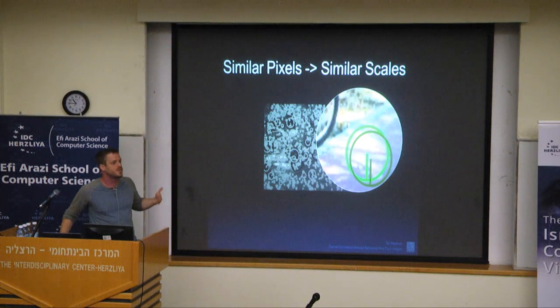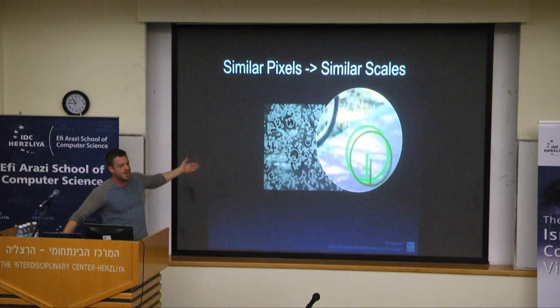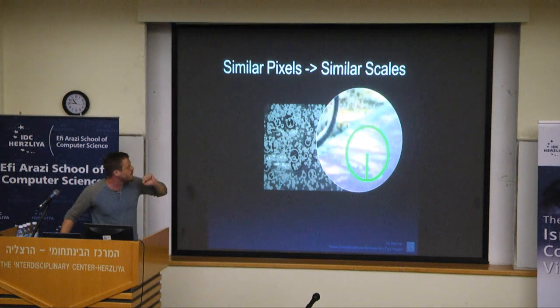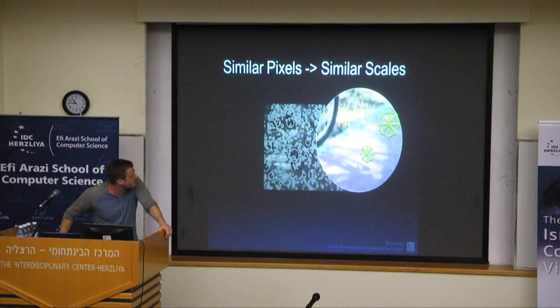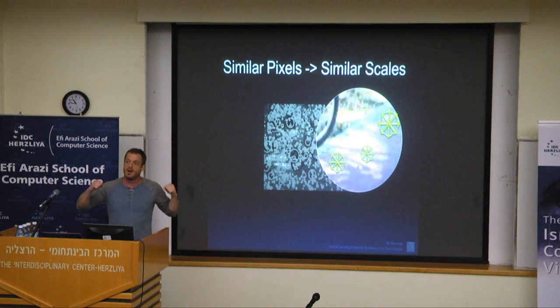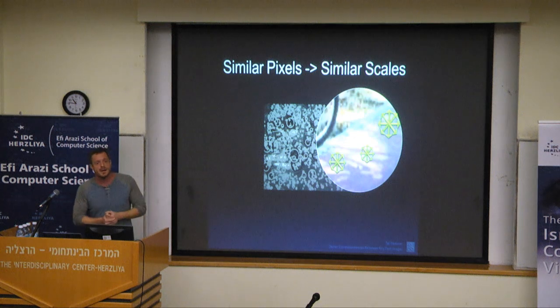There's not much difference between these two pixels, so why not share the scale that we've detected in the original feature point? In other words, why not take the scale that we detected in that feature point and propagate it outward to the pixels around it? And if we have another feature point somewhere else, propagate its scale, and another feature point, propagate its scale, in a way which would provide all the pixels in the image with scale assignments.